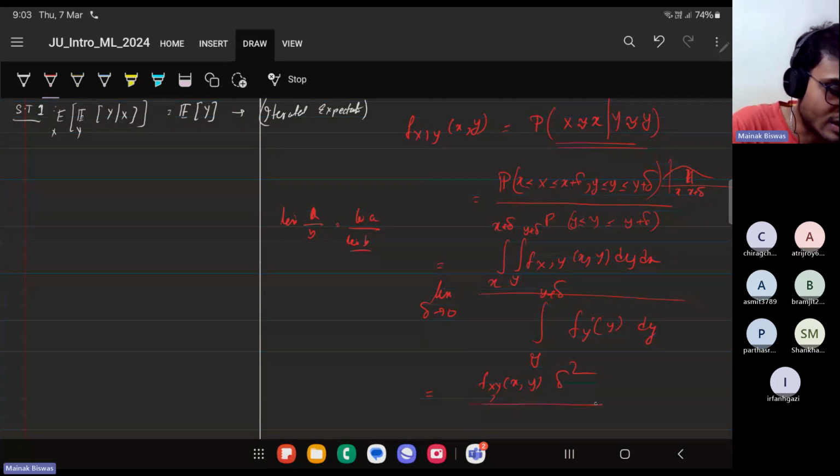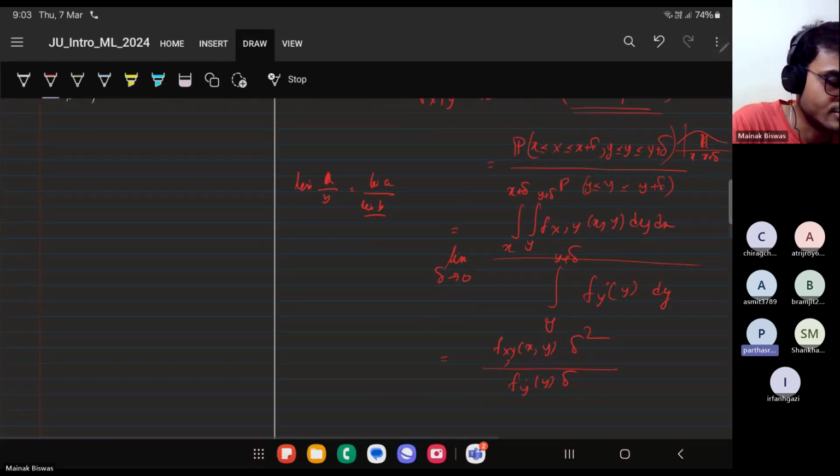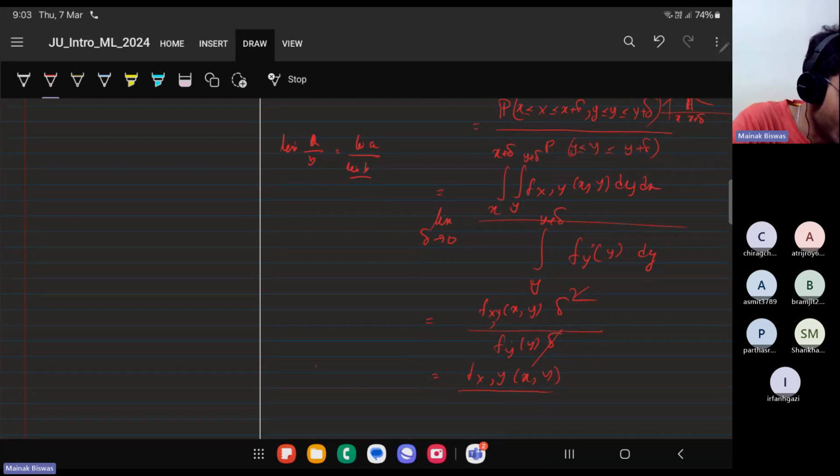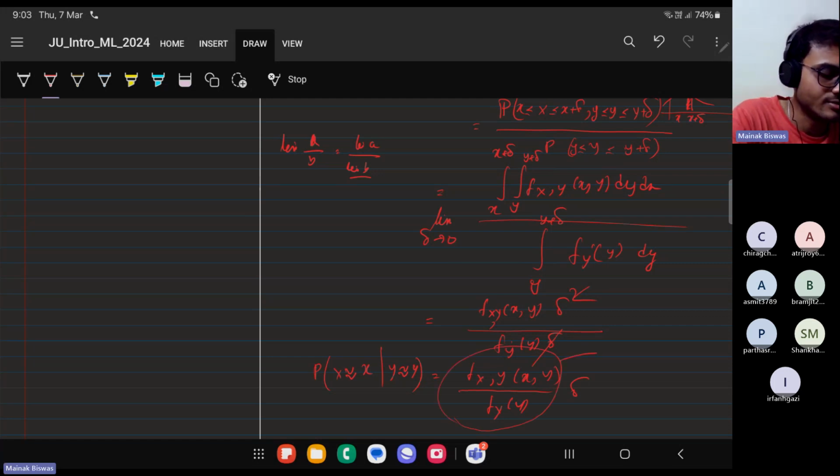And the denominator becomes f of y times delta. Correct. So delta cancels out. So see, am I getting the same form? This is what I had told you in the first class: the probability of x approximately equal to x given y approximately equal to y. So this is your density, right?